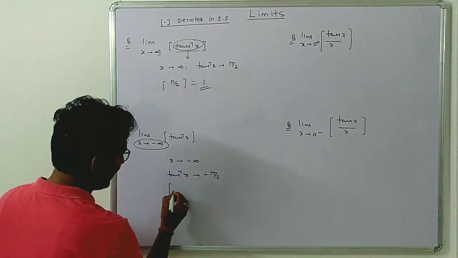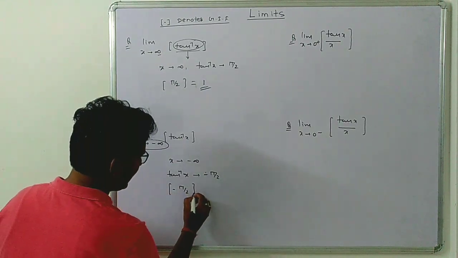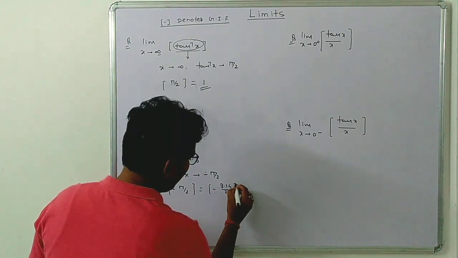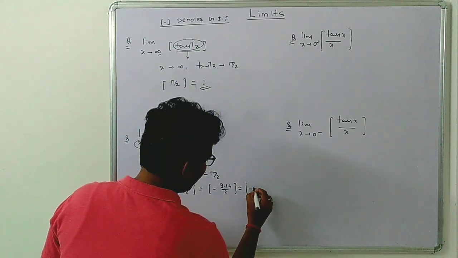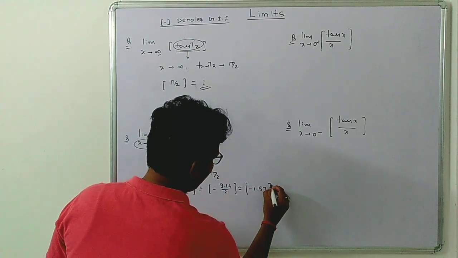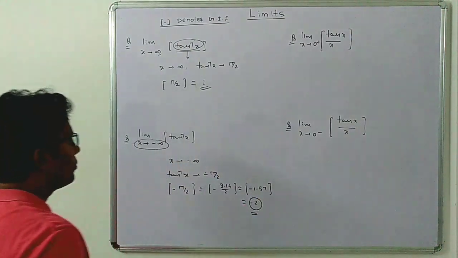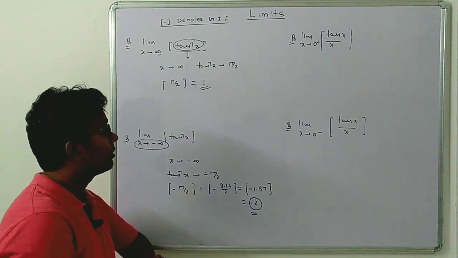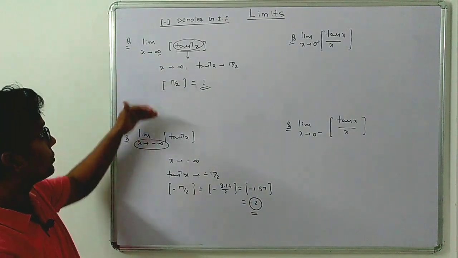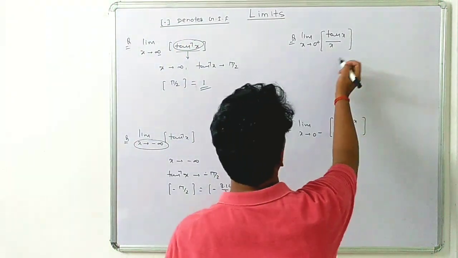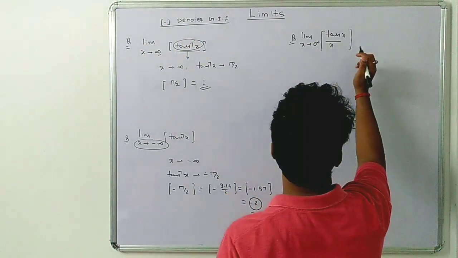So the greatest integer of minus pi by 2, that is the greatest integer of minus 3.14 by 2, means minus 1.57, is equal to minus 2. So that's the answer, right? Basically what you have to keep in mind before solving these questions is the domain and the range of the function, right?